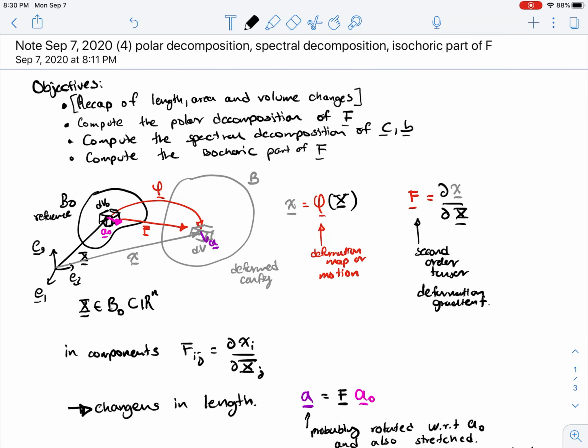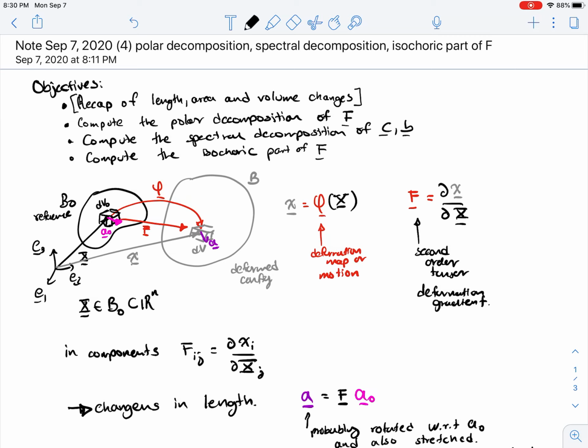But just as a prelude to that, notice how we can parameterize things with respect to this capital X or this lowercase x vector.